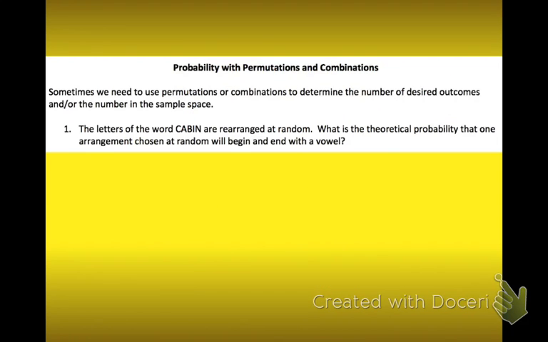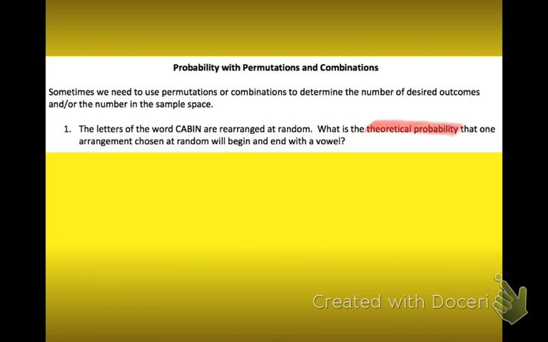The last two things here. Sometimes we need to use permutations or combinations to determine the number of desired outcomes. So, the letters of the word cabin are rearranged at random. What's the theoretical probability, and that's important, theoretical probability, we're not doing an experiment, that one arrangement chosen at random will begin and end with a vowel?